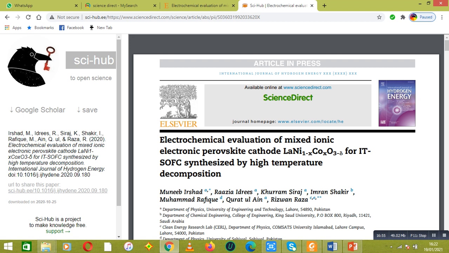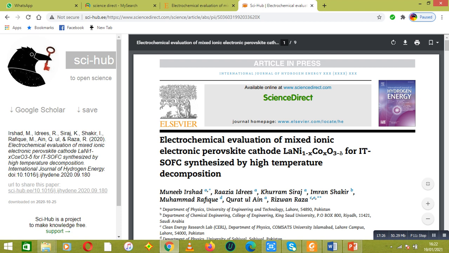Another option is Google Scholar. Just write Google Scholar. Here is Google Scholar. Now you can put any research paper here. I just copied that title and want that paper in Google Scholar.